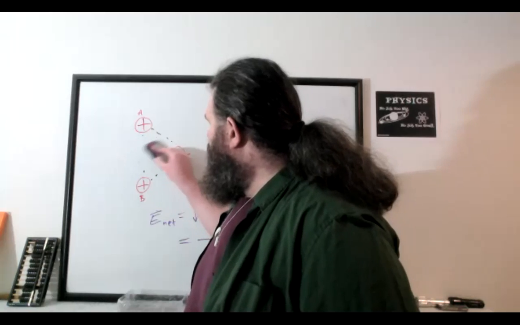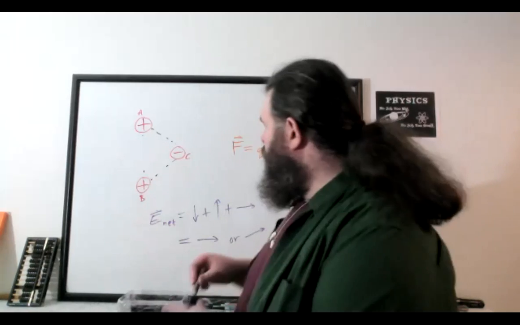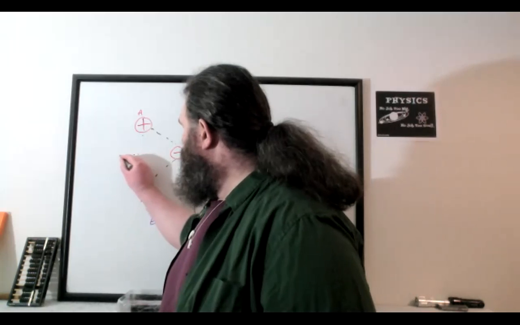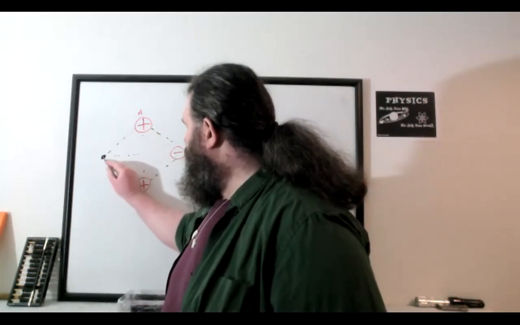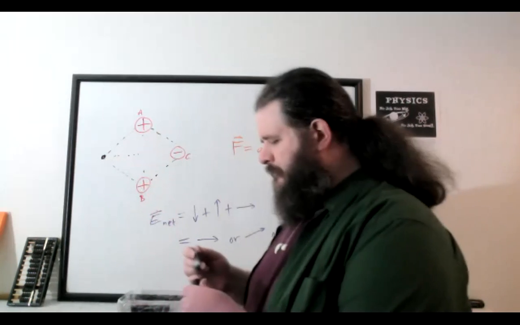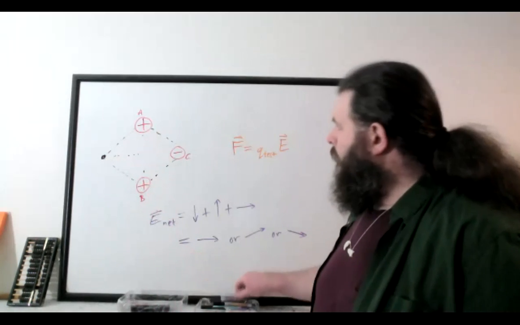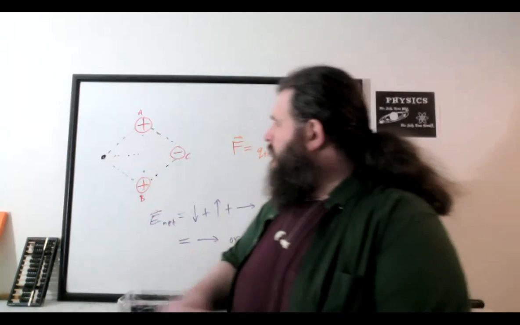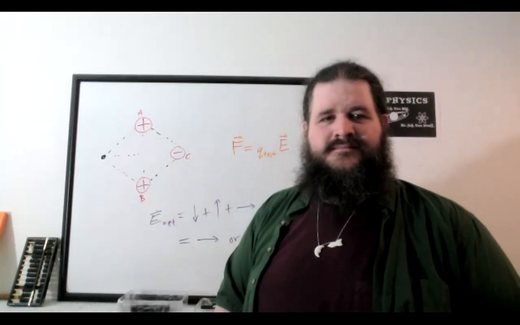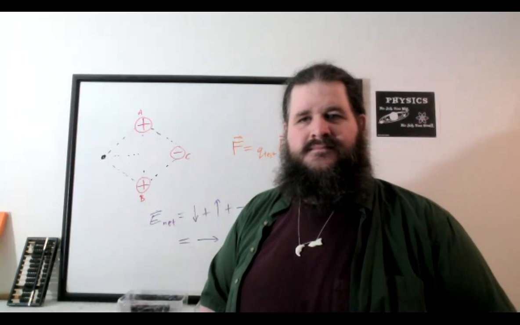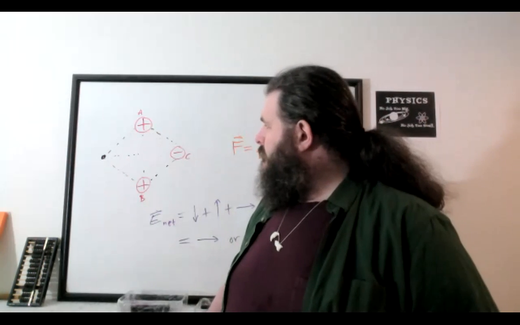If we consider some point over here, let's say right here, now let's figure out what the electric fields are going to be. You're going to get electric field from A pointing in which direction? It's like to the left downwards, if that makes sense.